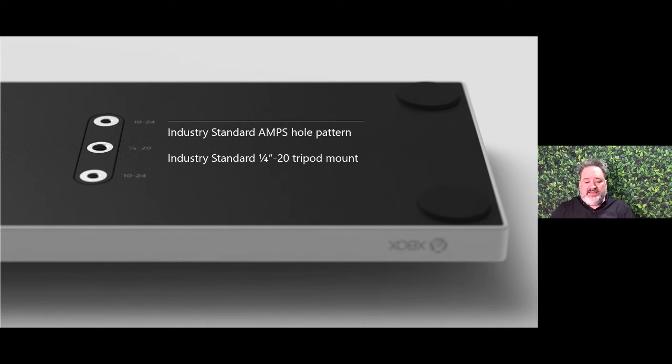So we reinforced the mount and the plastic around it. And we put in another mounting pattern, the AMPS mounting pattern, just because that was something used with more industrial strength mounting. So we wanted to make sure that you could put this device somewhere where it could take a hit.